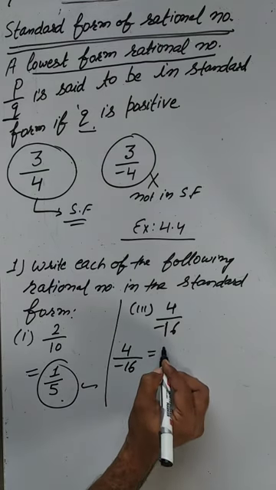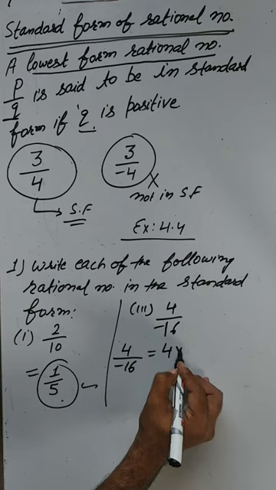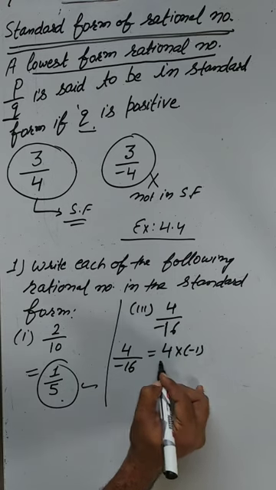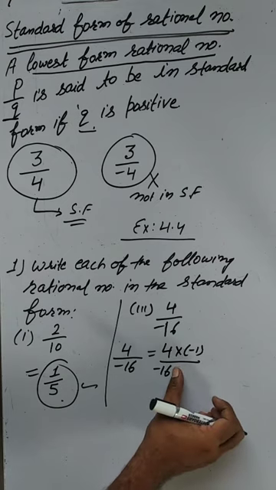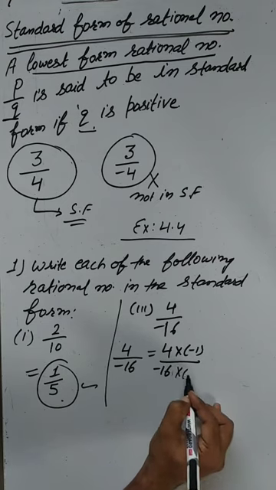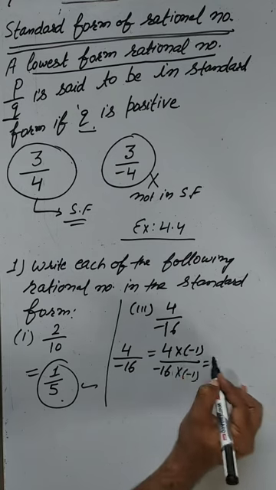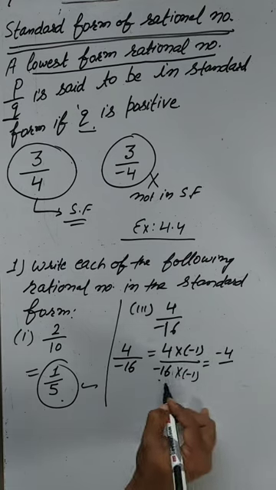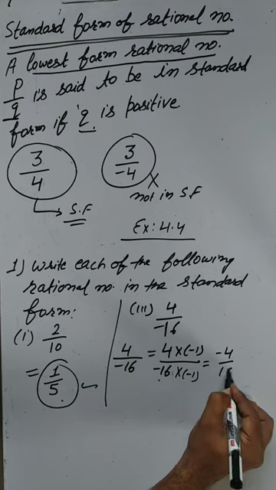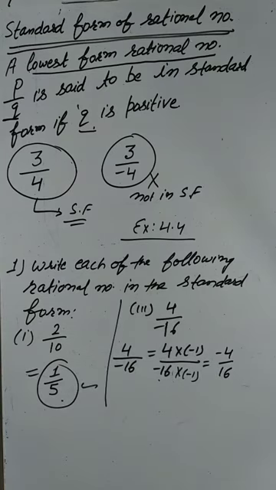So when we have to change the sign, multiply with the minus 1, numerator as well as denominator. Now beta, 4 multiply minus 1, minus 4. And minus multiply minus plus, 16 into 1, 16. Clear? Understood?